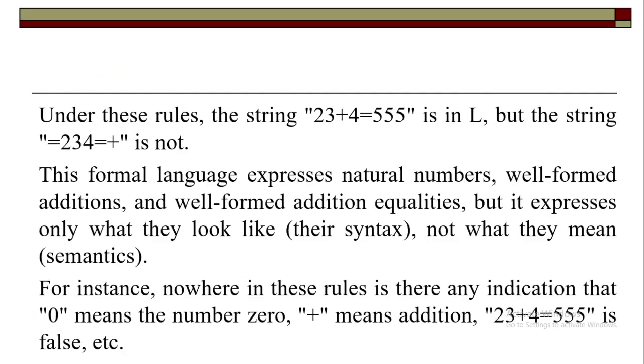Then under these rules, the string 23 plus 4 equal to 555 is in L. But the string equal to 234 equal to plus is not, because 23 is a valid string in L and 4 is a valid string in L, and as per the rule the plus symbol must separate two valid strings in L. And also if there is an equal to symbol, it should separate two valid strings.